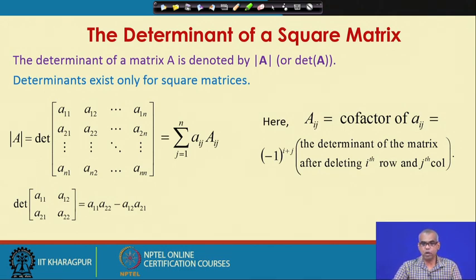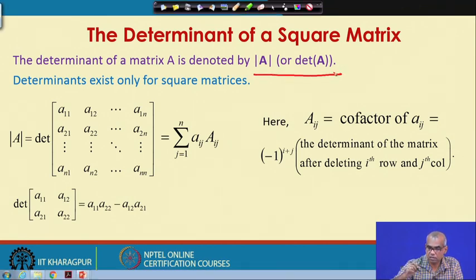The determinant of a square matrix. The determinant of a matrix A is denoted like this. It is also denoted as det of A. Determinants exist only for square matrices.